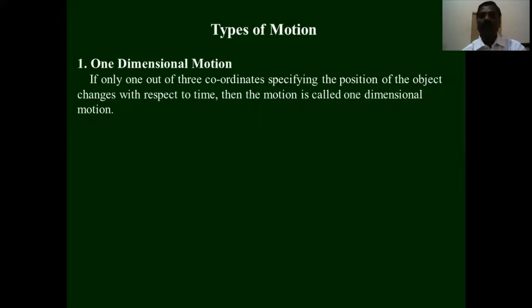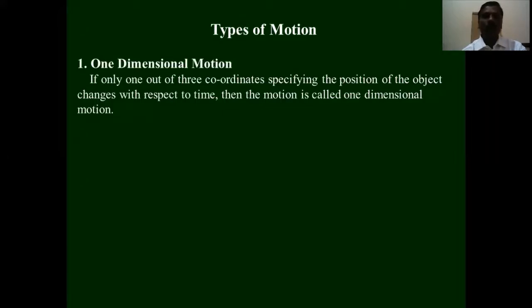Now when we explain these different motions, sometimes we use only one axis out of three. Sometimes we use two axes to explain the motion of the object, and sometimes we use all the three coordinate axes to explain the motion of the object.